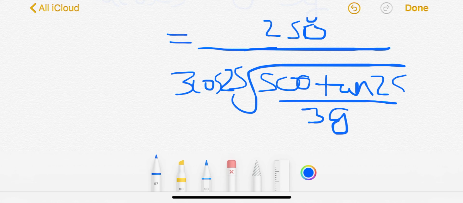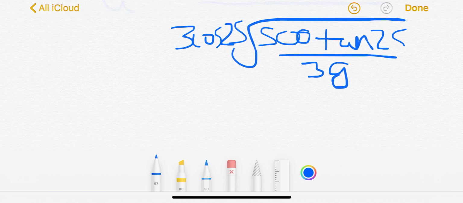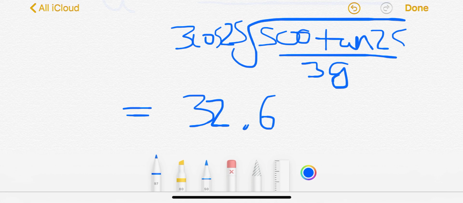That just gives us u equal to this. If you calculate that on your calculator, you end up getting u equals 32.65 meters per second to 2 decimal places.